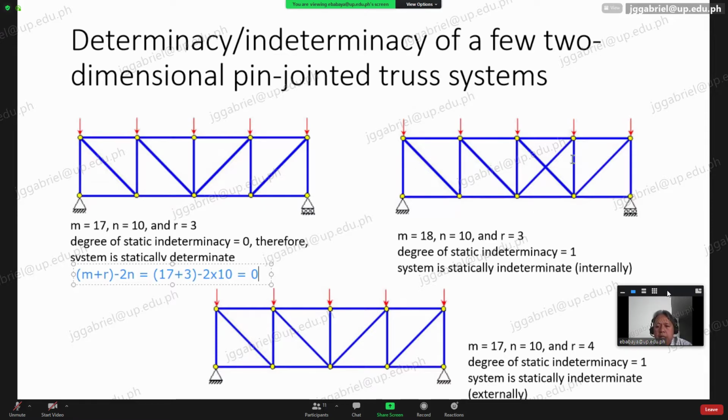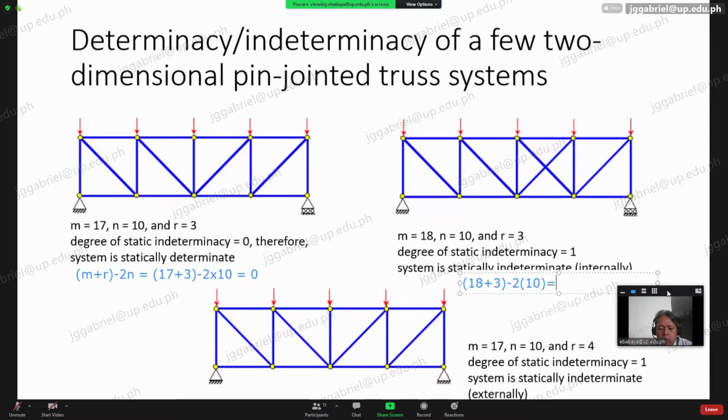Now, what about the next one here? So if you will compare this, the truss here, let's compute for that. M, so member, nadagdagan ng isa, no? Instead of this only, there's an additional member here. So m would be 18. 18 plus 3, minus 2 times 10.